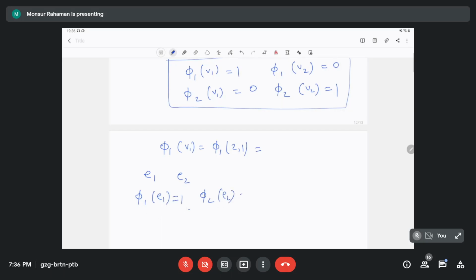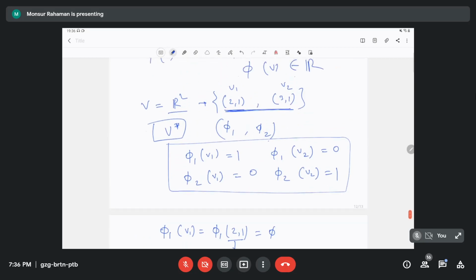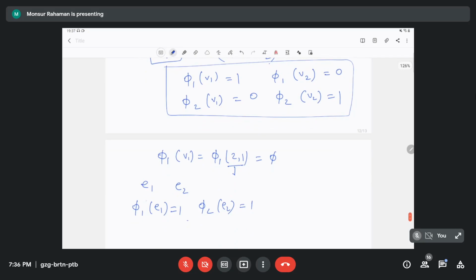This is 1 and this is also 1, and all others are 0. So if you take the old basis as the standard basis E1 and E2, you can write phi 1 (2 E1 plus 1 E2), which is 2 phi 1 E1 plus 1.